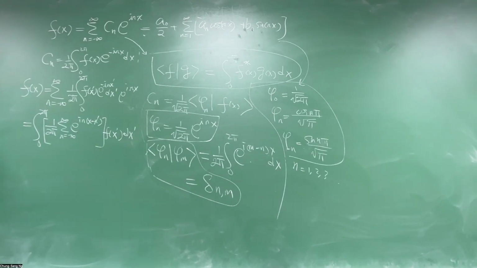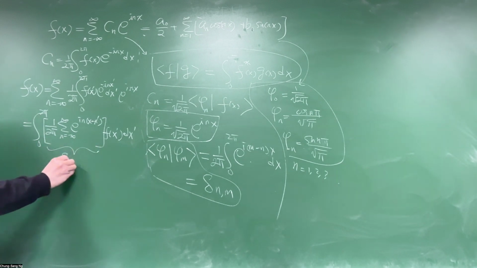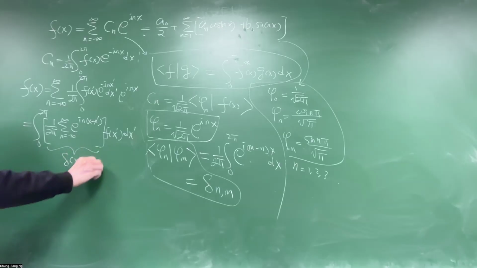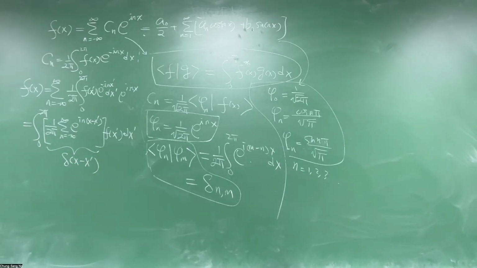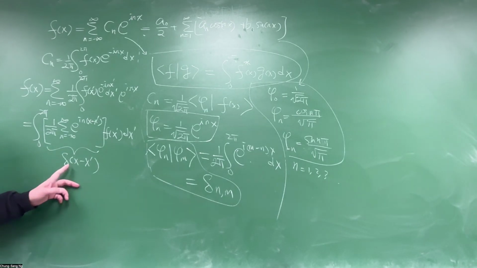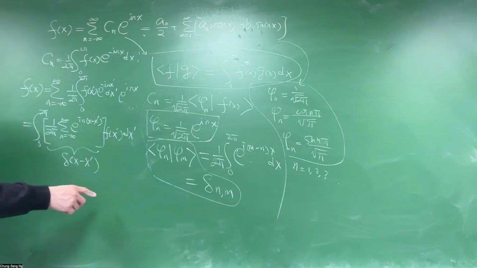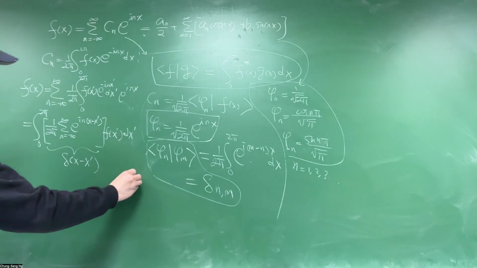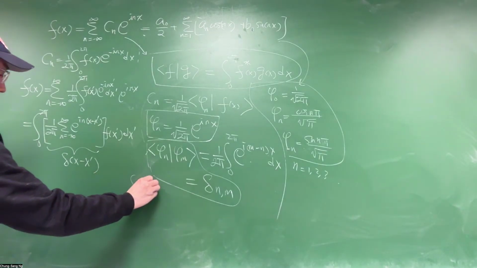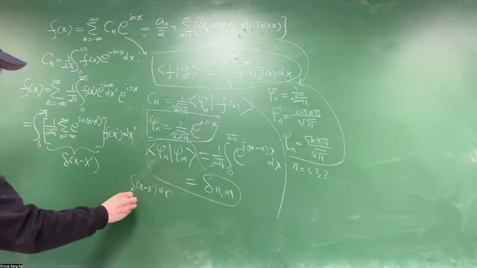And the notation for this is called a Dirac delta function. This is delta. Have you learned the Dirac delta function? We haven't learned it; some of you may have. So the Dirac delta function is basically defined over an integral: delta(x minus x prime) f(x prime) dx prime.